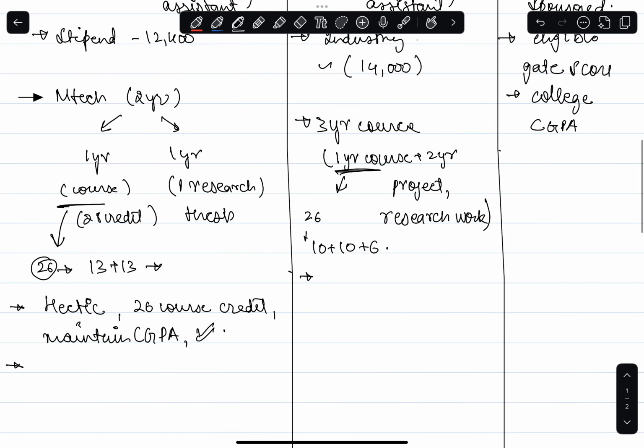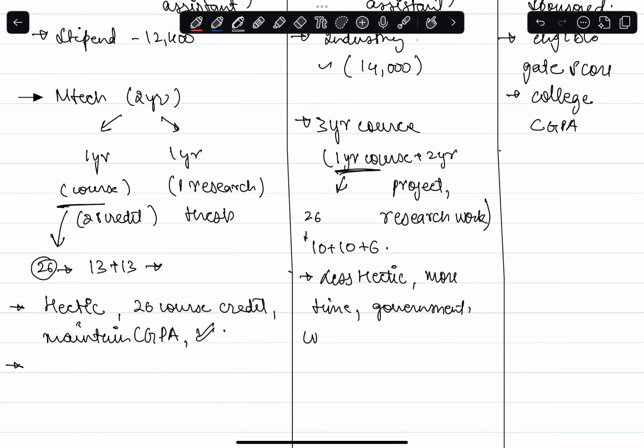People usually split, so it will be less hectic, but it requires more time. But you will be learning a lot in your research area if you are working on any project, a government sponsored project, or any college sponsored projects or research area. You will be learning a lot under your guide.